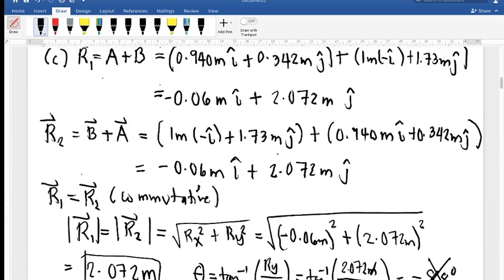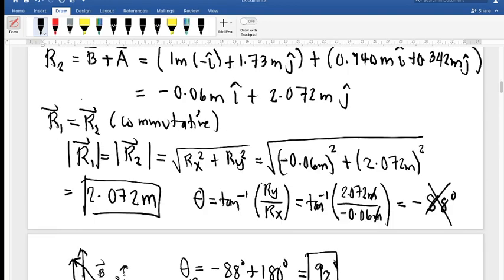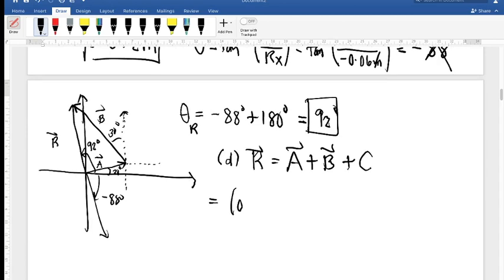So nasan yung A mo? So we have here 0.940 meters I hat plus 0.342 meters J hat. So I will just put it here. I hat plus 0.342 J hat. Okay.